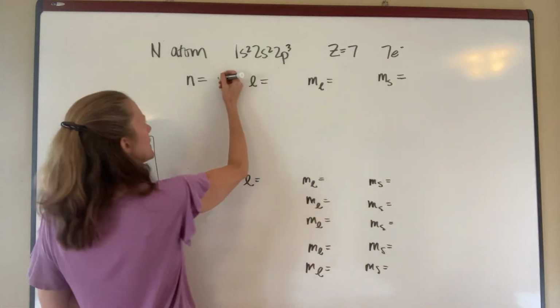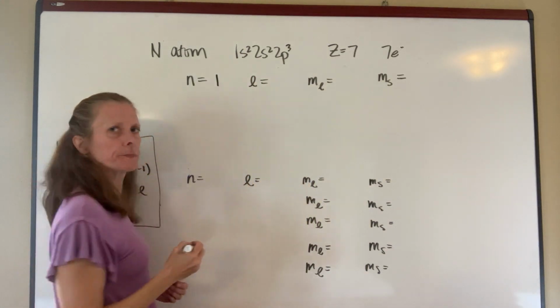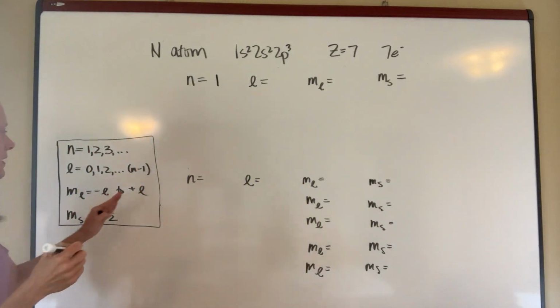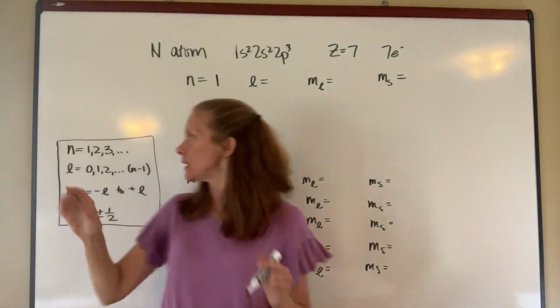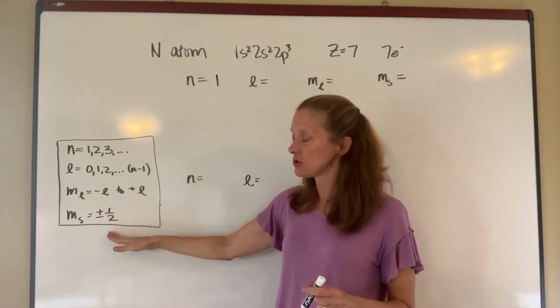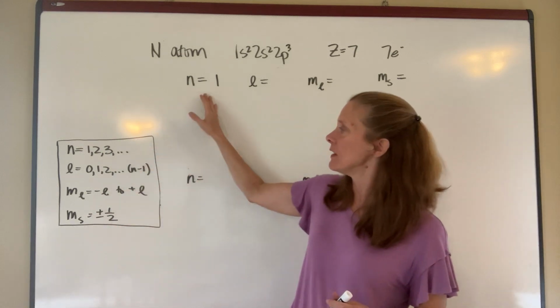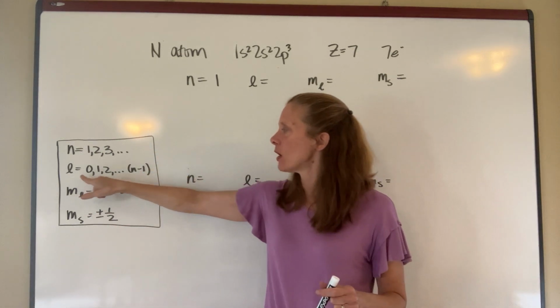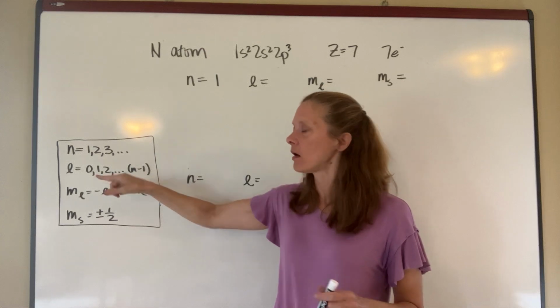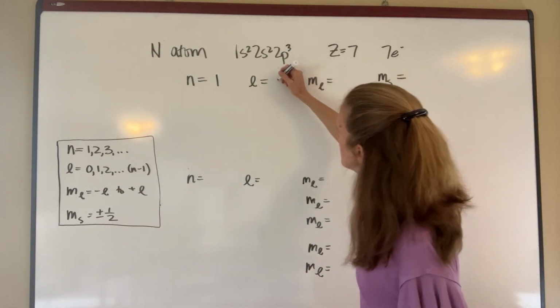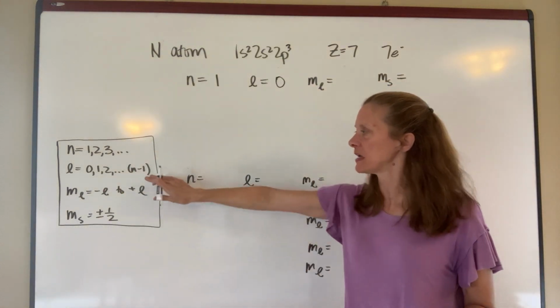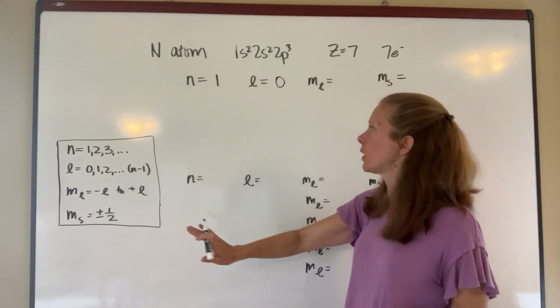So if n is equal to 1, you're going to want to keep in mind these rules for quantum numbers that we've already talked about. If n is equal to 1, the only possibility for L is going to be 0. It can't be anything else because it can't be any greater than n minus 1.